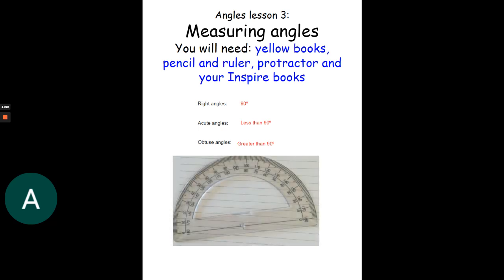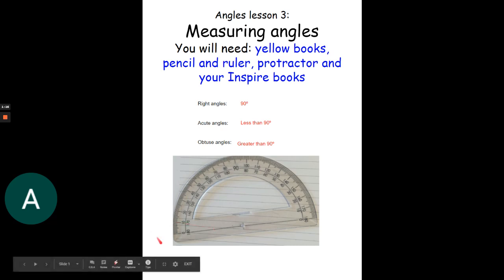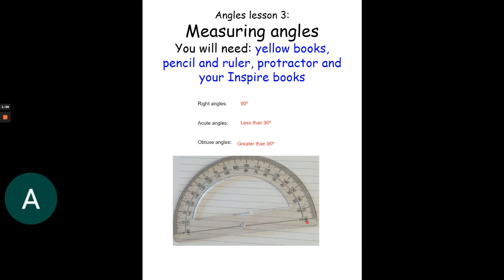Today we are going to be using a protractor. You have got one very similar to this, and you can see there that there are two scales, one on the outside, 0 all the way to 180, and one on the inside, going the other way round, 0 to 180 again.